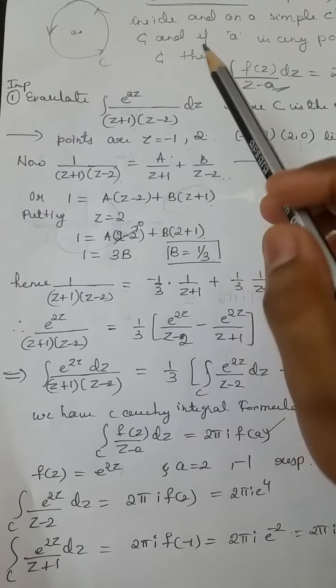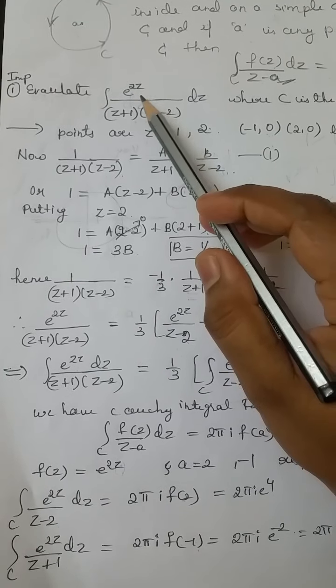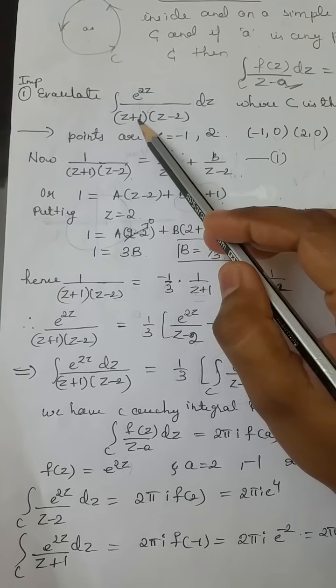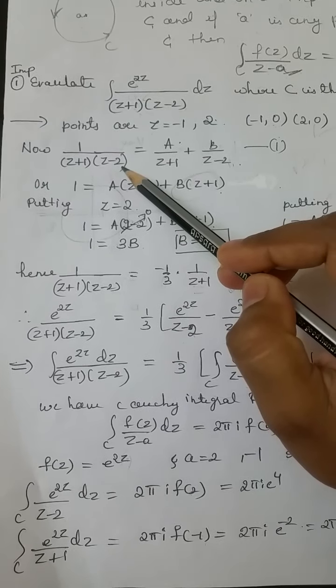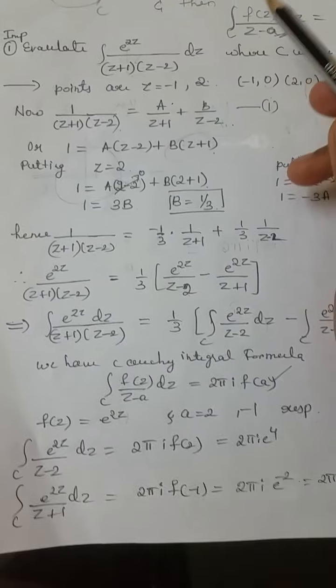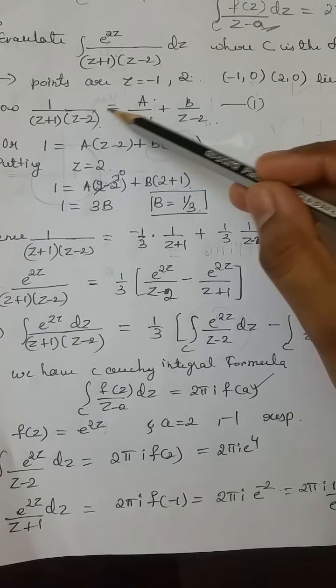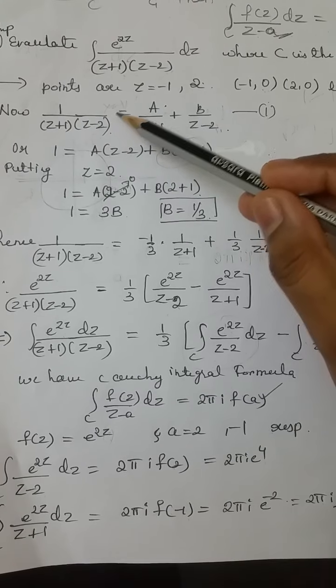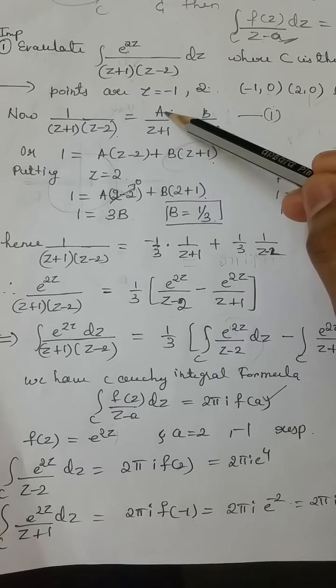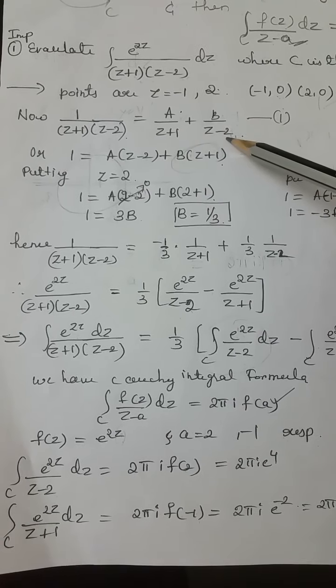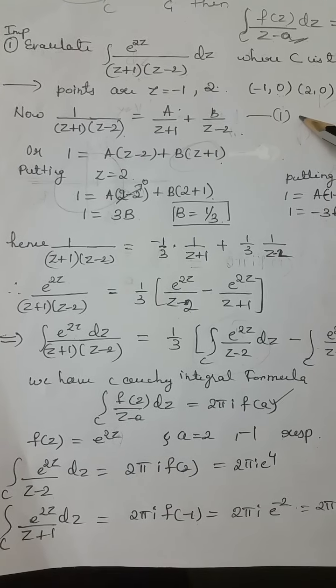Now let us take the first part, that is 1 upon (z plus 1)(z minus 2), and solve it by partial fractions, that is a upon z plus 1 plus b upon z minus 2. Take it as equation 1.